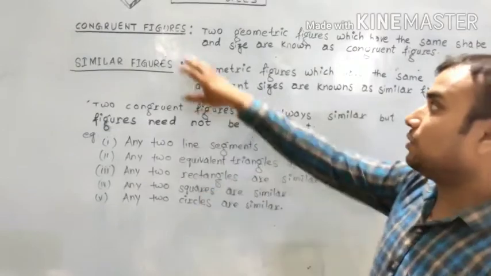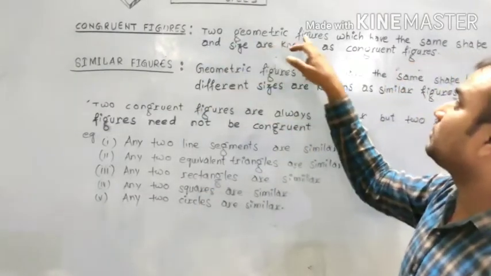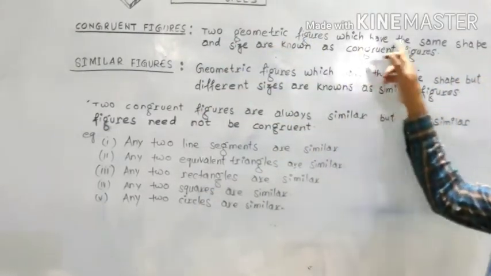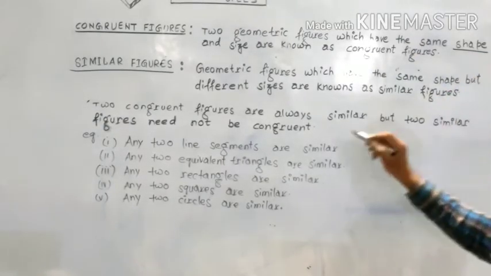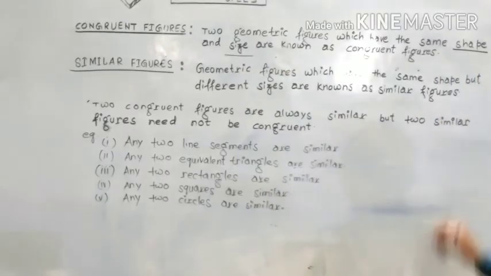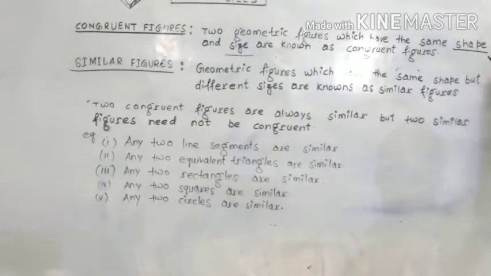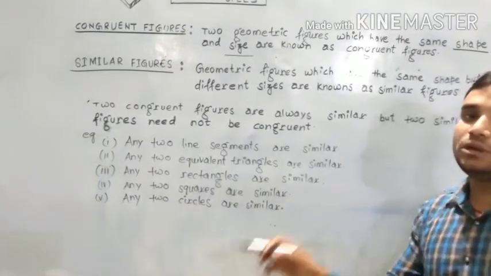Again, congruent figures are two geometric figures which have the same shape and size. Shape means if a figure is a rectangle, then the other figure is also a rectangle.